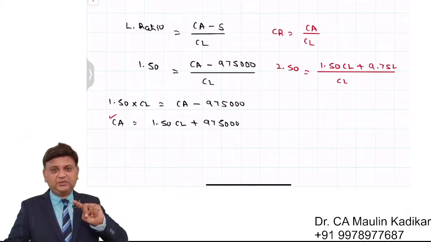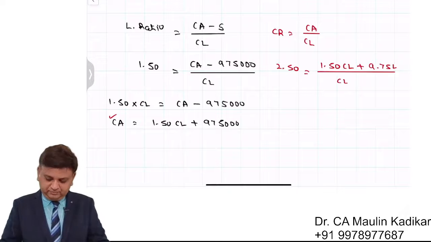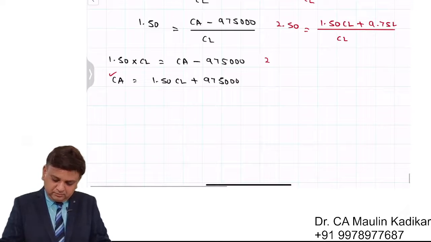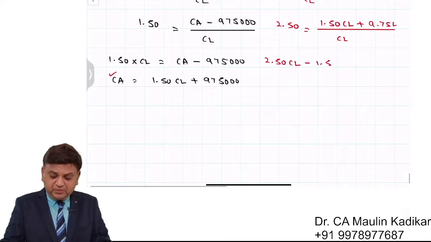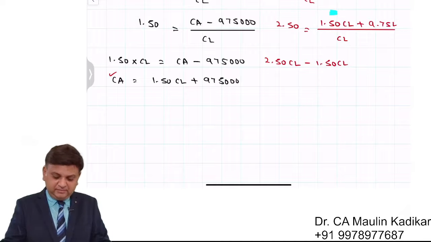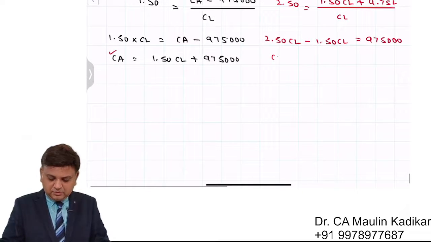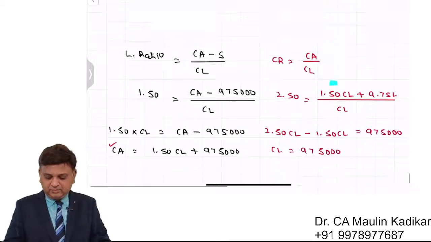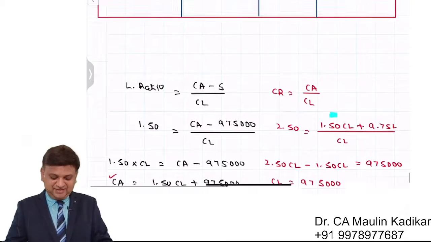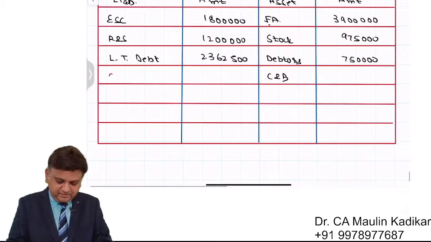Current liability is transferred to the left hand side: 2.5 current liability minus 1.5 current liability is equal to 9,75,000. So current liability is 9,75,000. That's it. You have got the current liability.